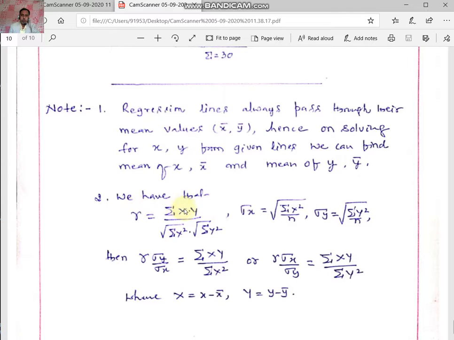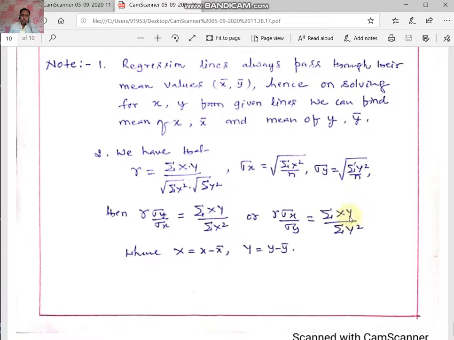And also sometimes we can use this formula for correlation coefficient R: R is equal to sigma xy by root of sigma x square into root of sigma y square, with the corresponding standard deviation sigma x, sigma y formula. Then R into sigma y by sigma x can alternatively be written as sigma xy by sigma x square, and R into sigma x by sigma y can alternatively be written as sigma xy by sigma y square.